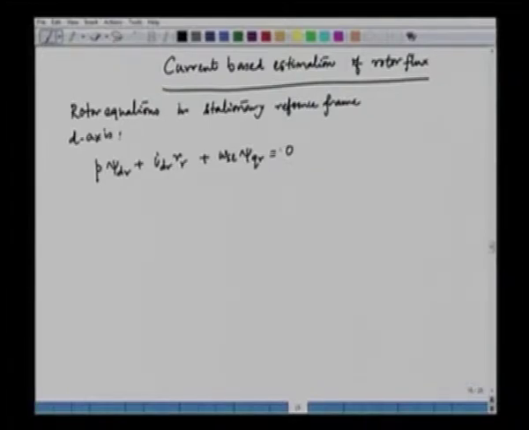So this equation is basically the D axis equation in the stationary reference frame. Omega SL is the slip speed, which is omega E minus omega R.